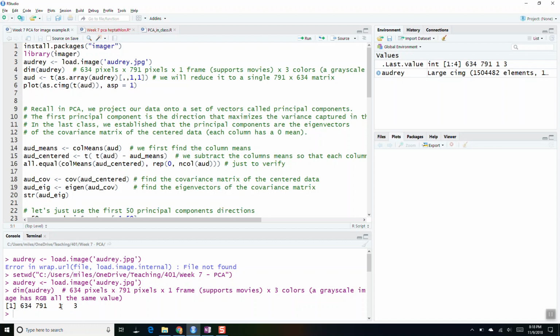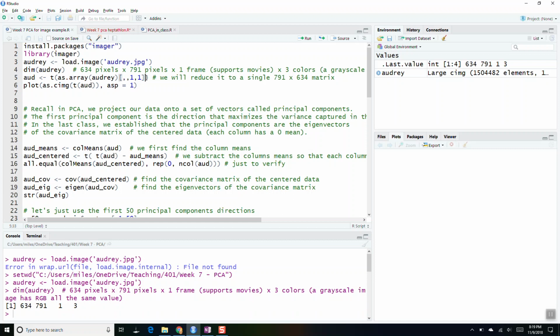This is 1, meaning frame 1, since it allows you to load in GIFs that have multiple frames. And then 3 is for the color channels, red, green, and blue. This is a black and white image, so red, green, and blue will all have the same values, so we can just flatten them all and make gray.